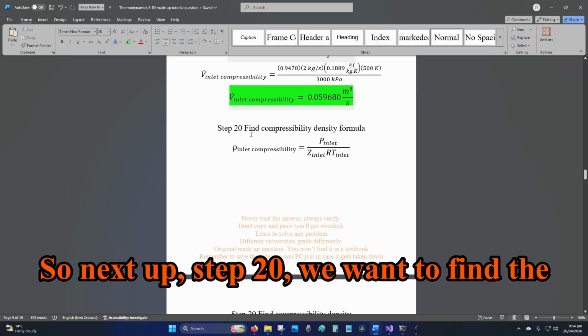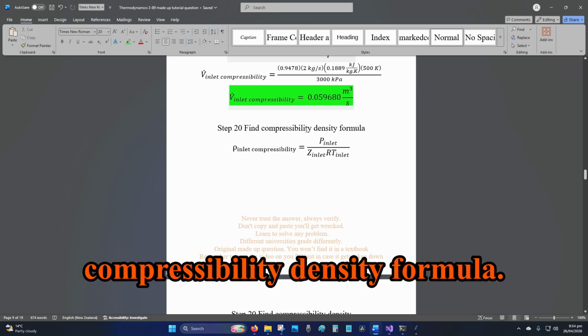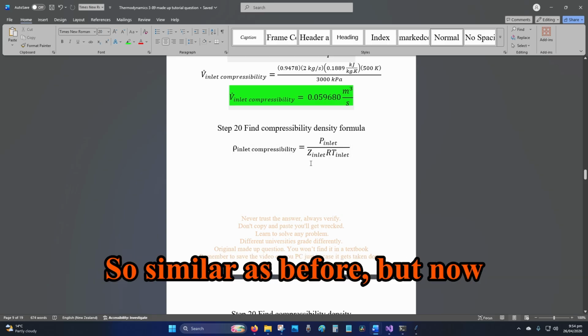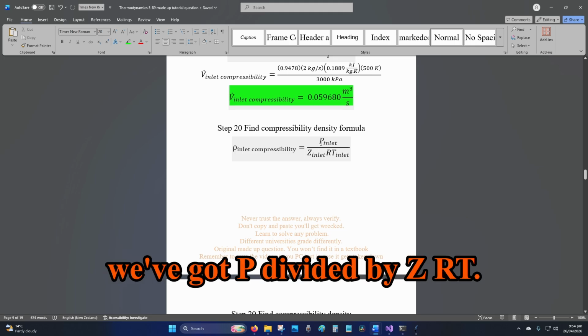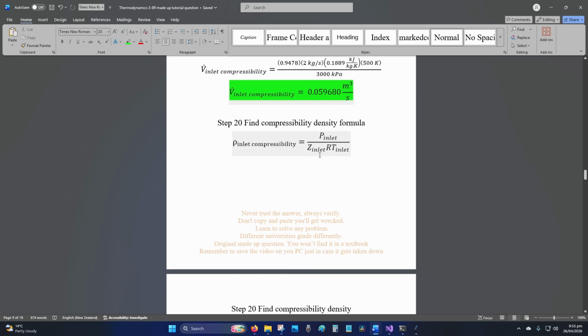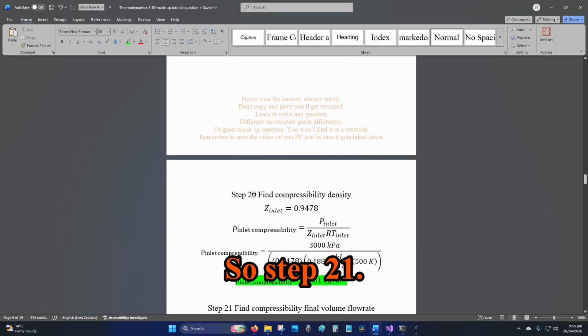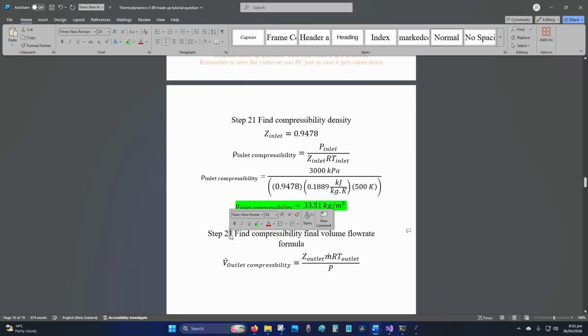So next up, step 20, we want to find the compressibility density formula. So similar as before, but now we've got P divided by ZRT. So step 21. Okay.